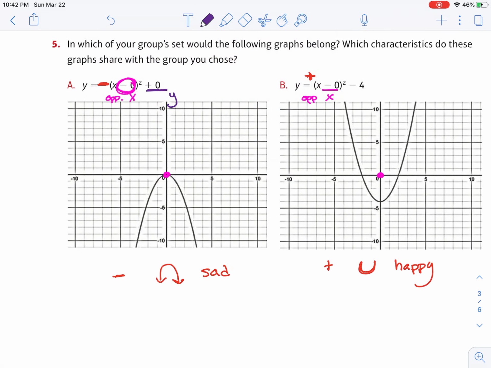This represents my Y. It's always the same. So that tells us it didn't move up or down. This represents my Y. It's always the same. This tells us it moved down 4.